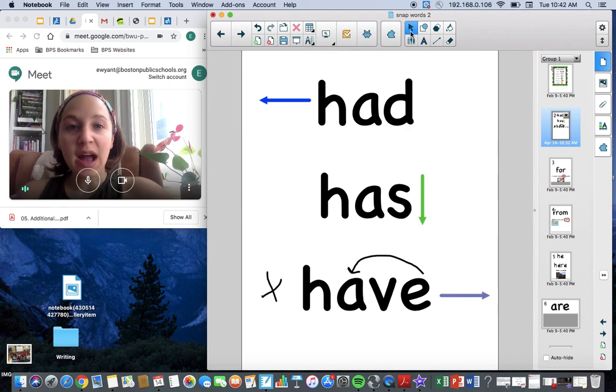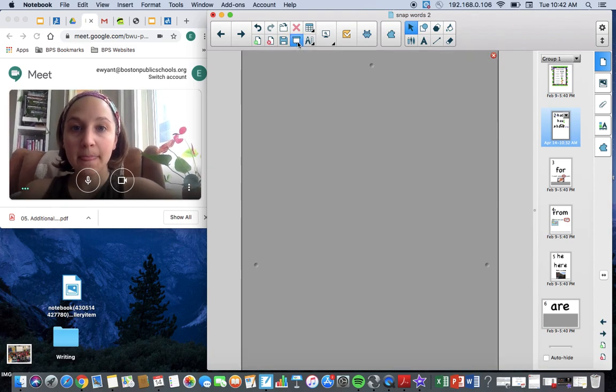Okay. So I'm going to cover up this screen and go ahead and write had, has, and have at home. You can skywrite, trace on the rug, write on a piece of paper. You do what works for you. I'm going to cover it up now.